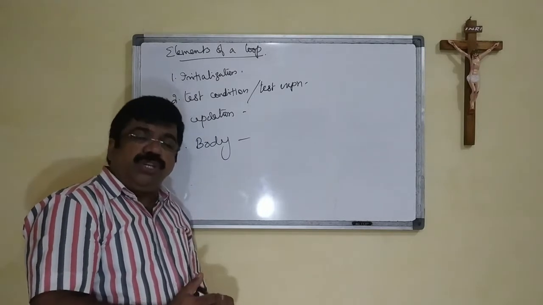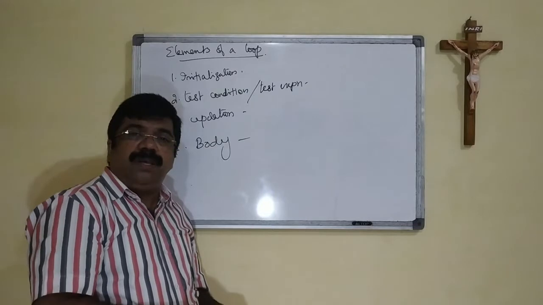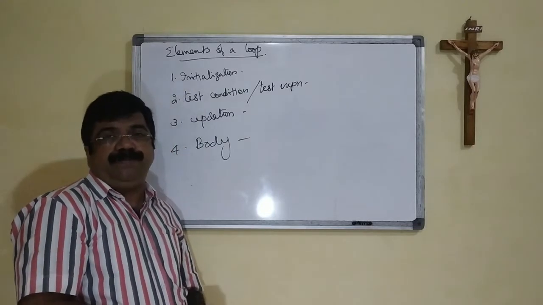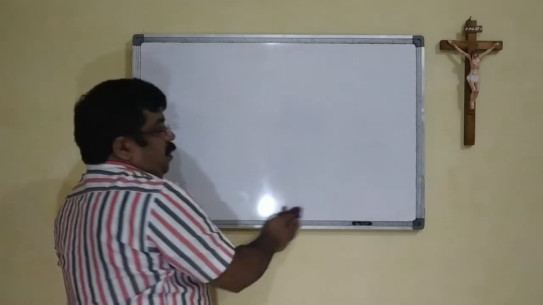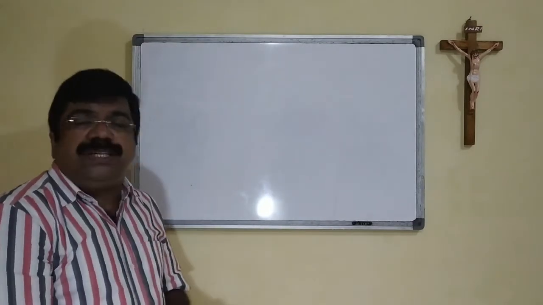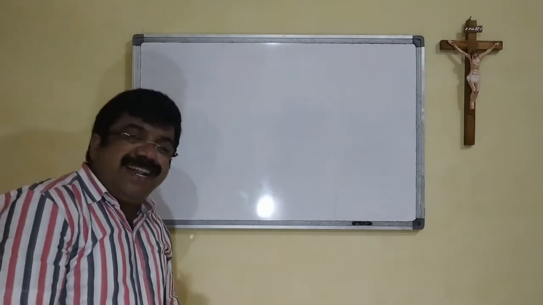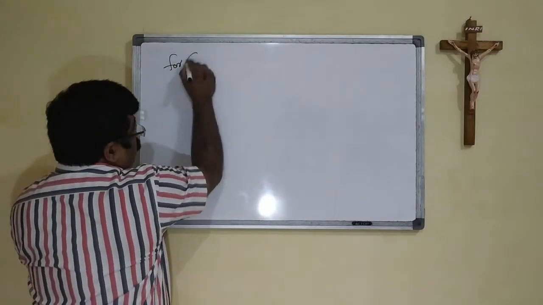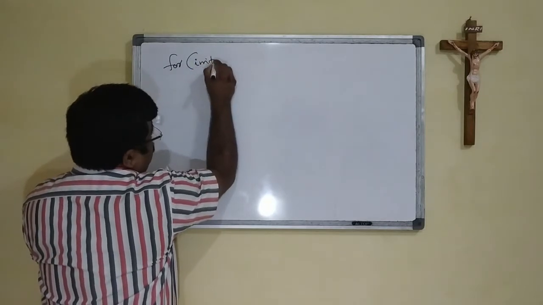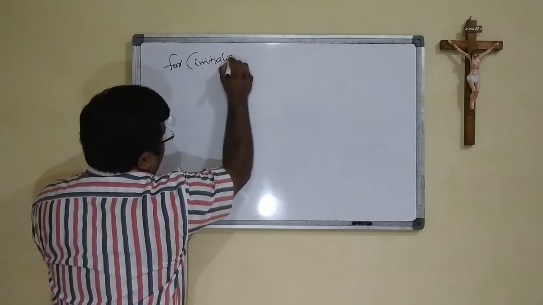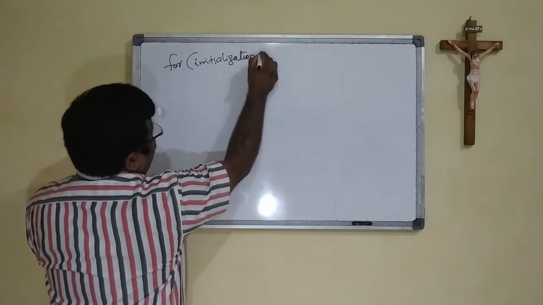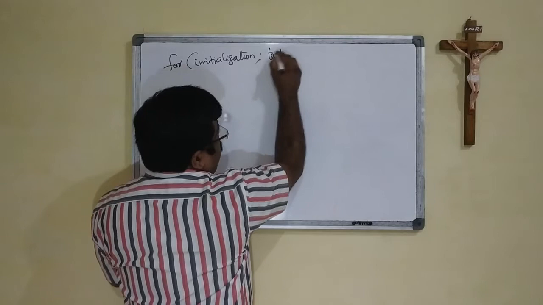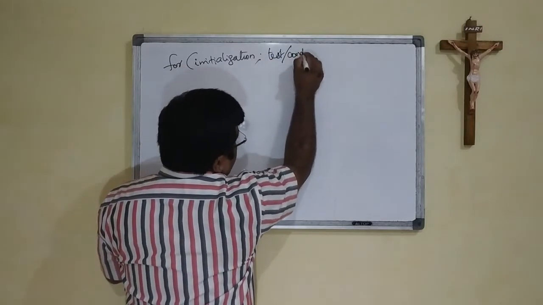Now we will proceed to the simplest loop among all the three loops, the for loop. The for loop has its syntax, its general form. It is written like this: for initialization, second one is test expression, or condition.